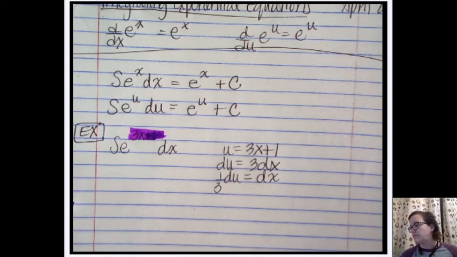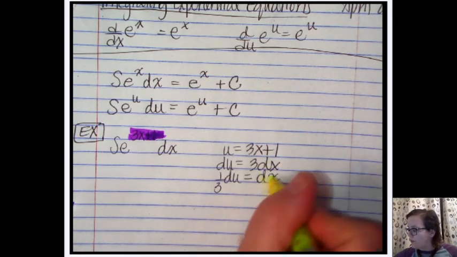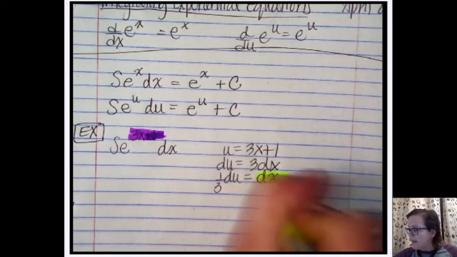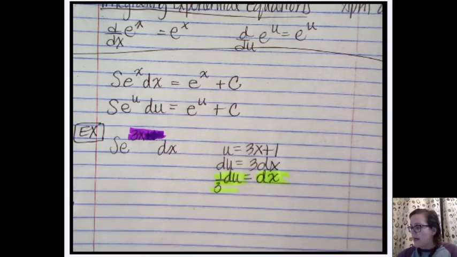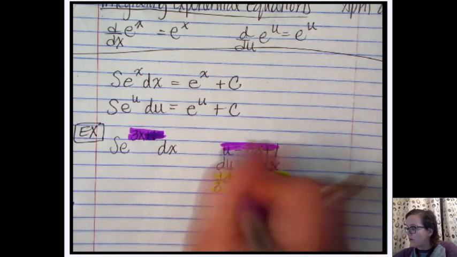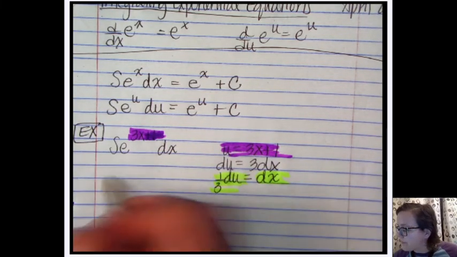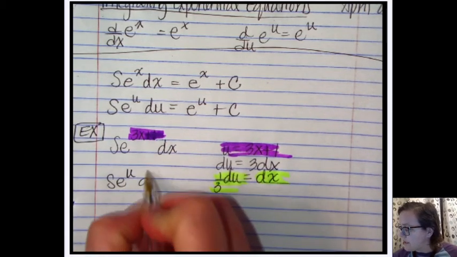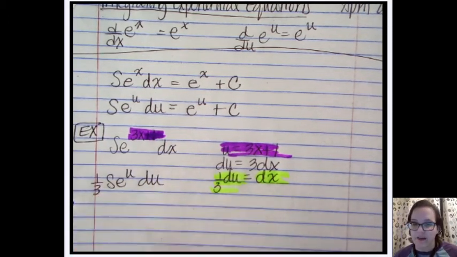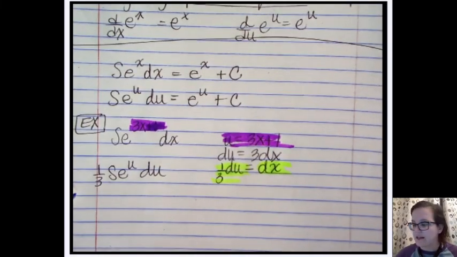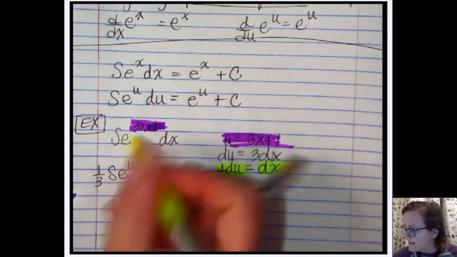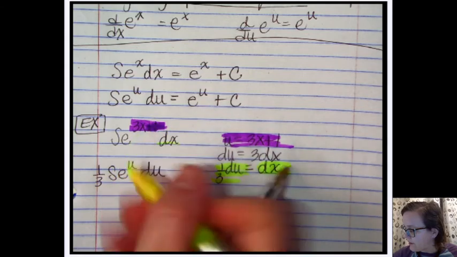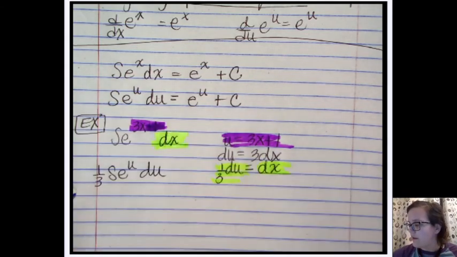Now we can get our x's replaced by u's. Remember, that was our whole goal here. So we now have the integral of e to the u du, but we have to have a third of that, because that is what replaced the dx.